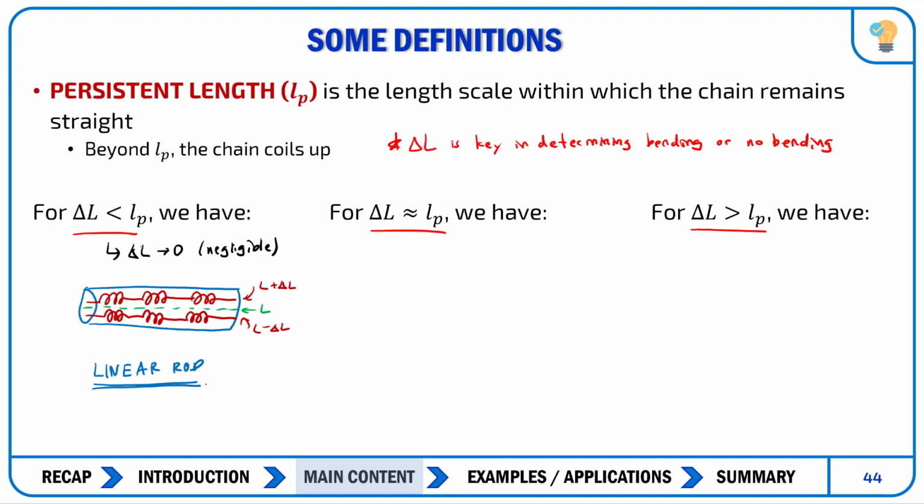Now, what happens when delta L is approximately equal to LP? Conceptually, we now have a delta L that is significant. It's approximately equal to the persistence length, which is just enough that it almost bends. So we're going to have something called the perfect bend.